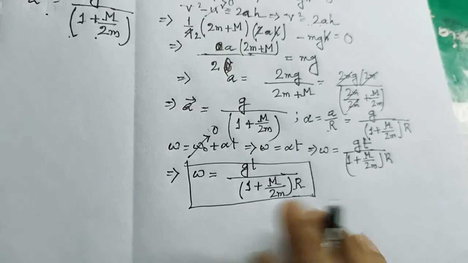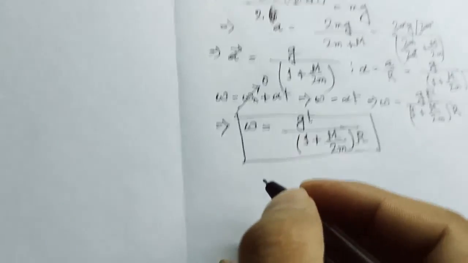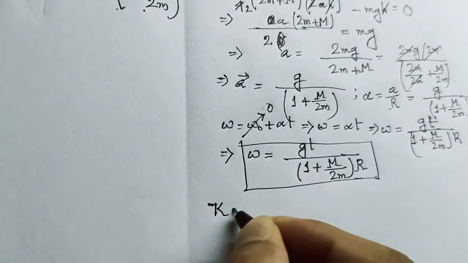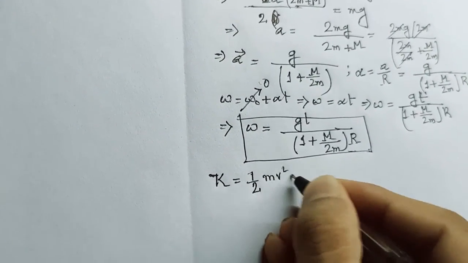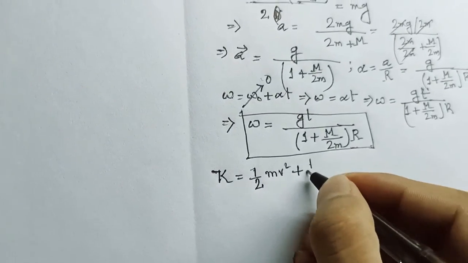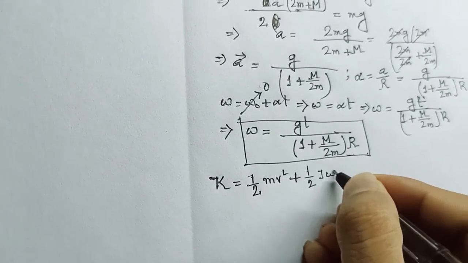Now we'll find the total kinetic energy. For finding the total kinetic energy, K equal to kinetic energy for linear motion, that is half m v square, plus kinetic energy for rotational motion, that is half I omega square.